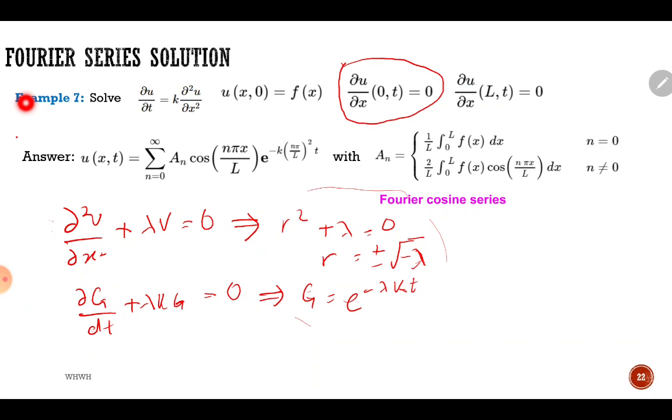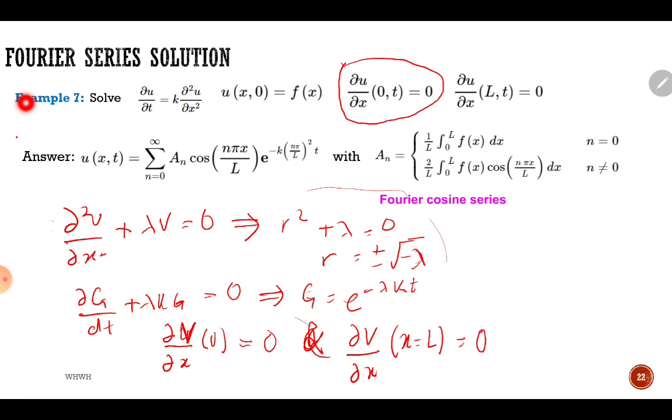When we do the separation of variables, we decide the boundary conditions are del u over del x at, sorry, it's not u, it's v. del v over del x at x equals 0 is 0, and another condition is del v over del x at x equals L is also equal to 0, right?